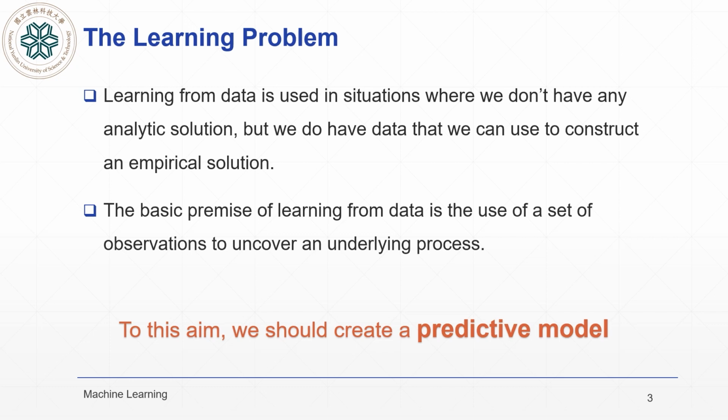For example, there is no analytic solution for weather forecasting, so we use previous data from recent years to predict and forecast the weather for future days. To this aim, researchers build a predictive model for solving this problem. Another problem is face recognition, which we talked about in the previous session.